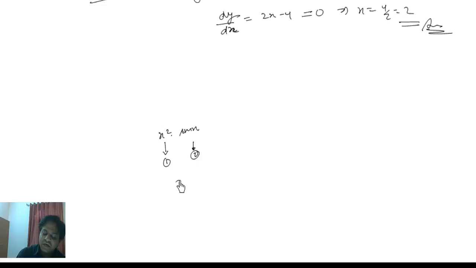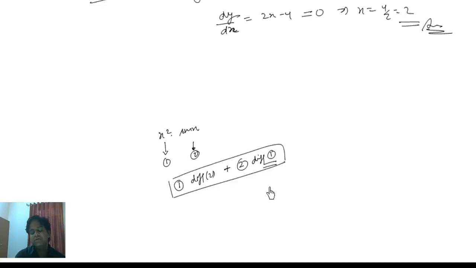Now I keep the first function as it is and differentiate the second function. Now I keep the second function as it is and differentiate the first function. So this way I can easily find the differentiation of functions having two small functions of x in multiplication. So up to this video we have learned these three rules.